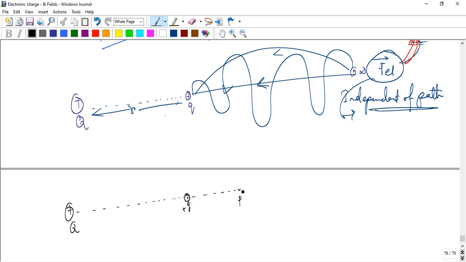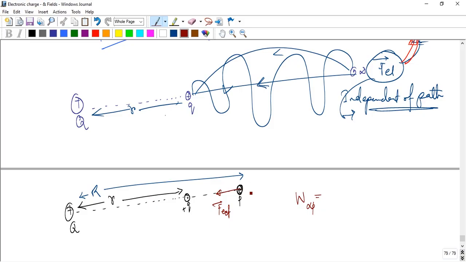At the point P, at distance R, calculate the potential, that is, the work done. Work done from infinite to point P is done by the external force, against the electrostatic force F. So from infinite to point P, the region has length R. The work is the integral of F external dot dr.